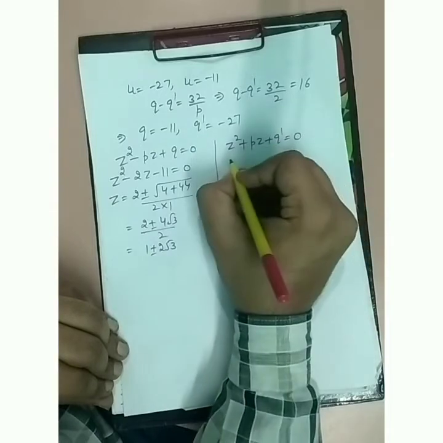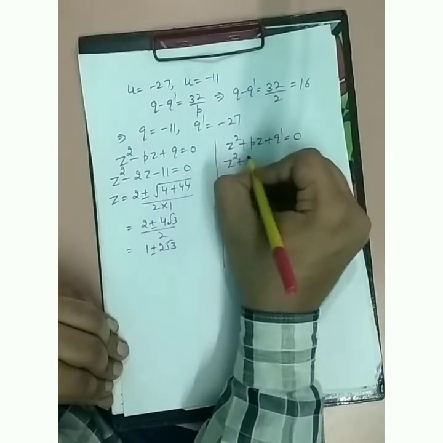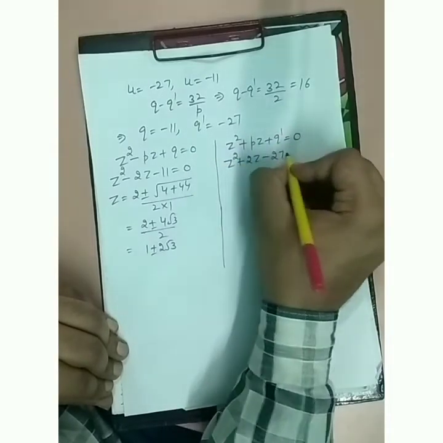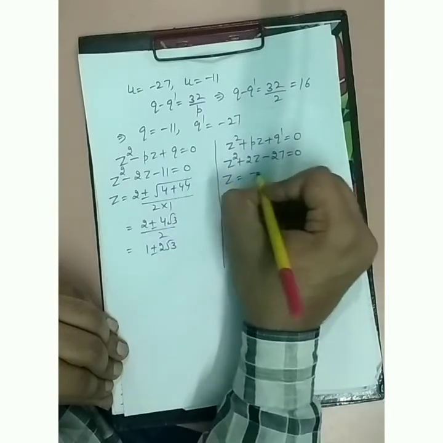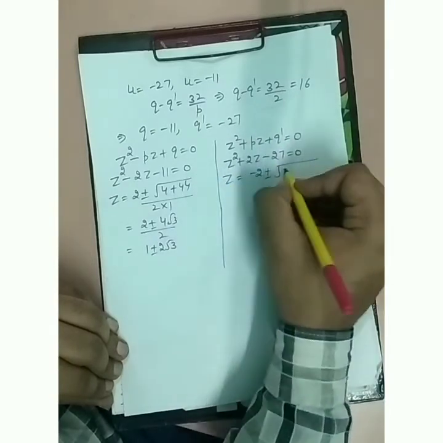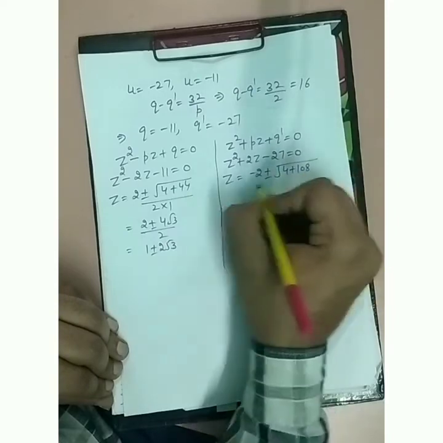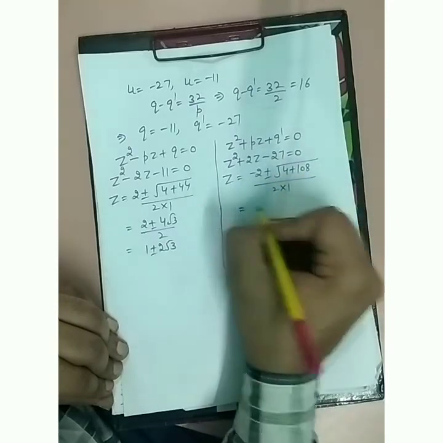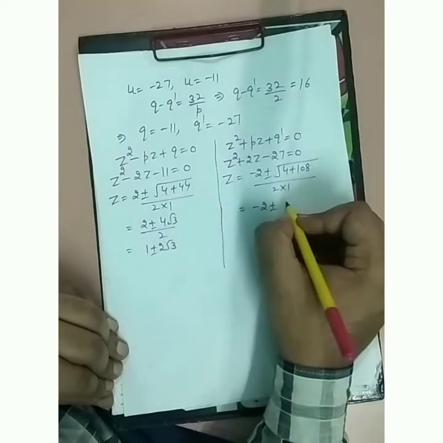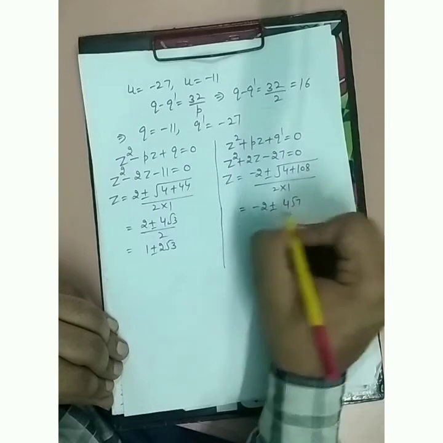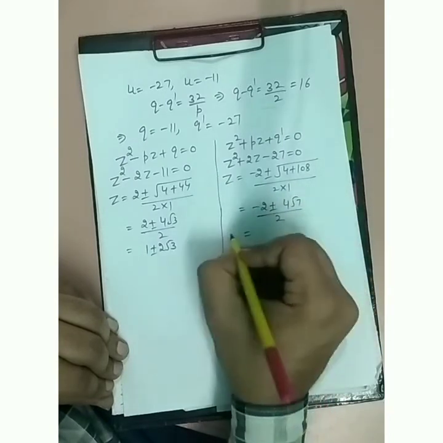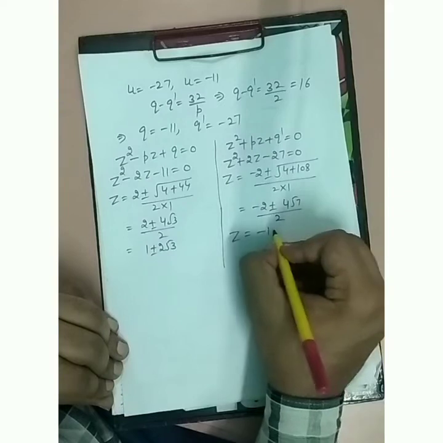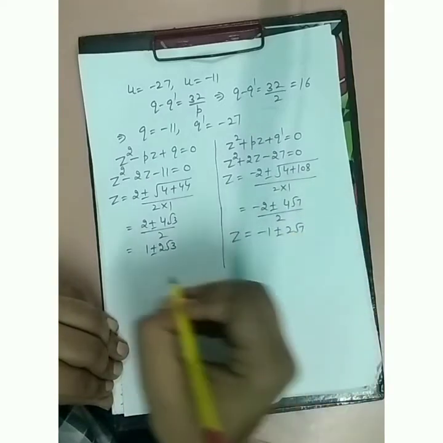Now solve this quadratic equation, z² + 2z − 27 is equal to 0. z is equal to (−b ± √(b² − 4ac)) upon 2 into 1, that is (−2 ± 4√7)/2. That is z is equal to −1 ± 2√7.